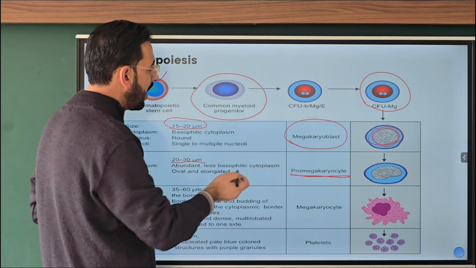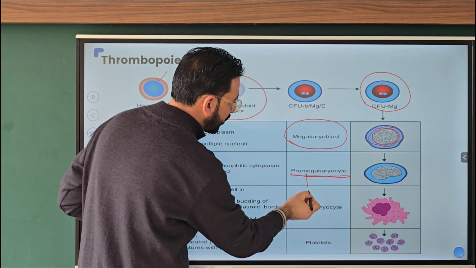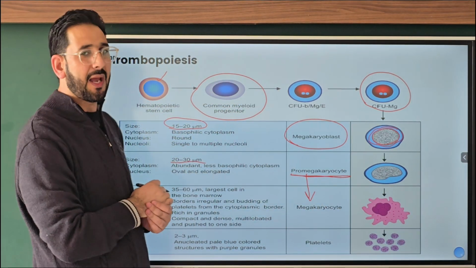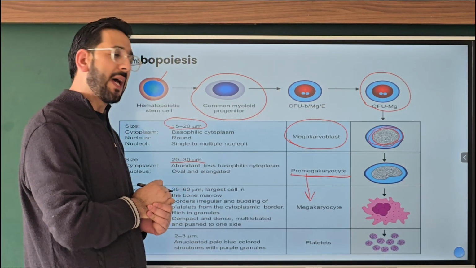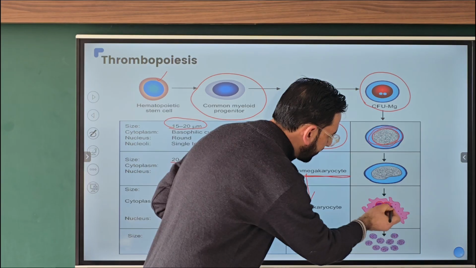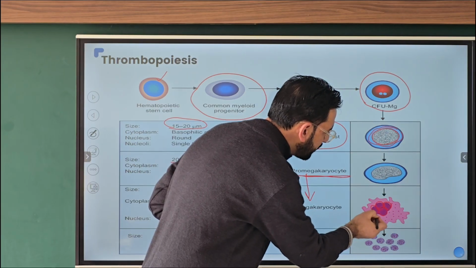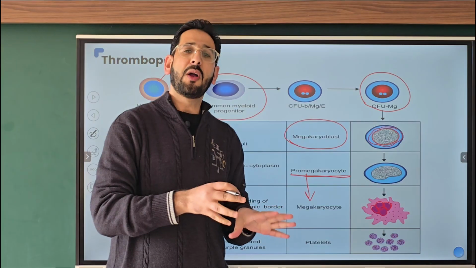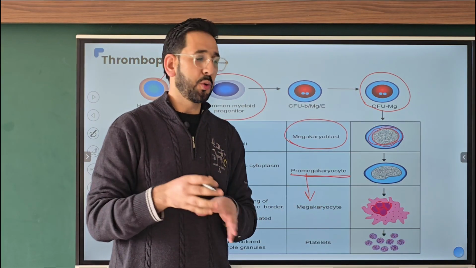So we can see, while going from promegakaryocyte to another type of cell, it will be differentiated into megakaryocyte. Now, in the megakaryocyte we can see that there are many lobes of the nucleus, and it is because we have gone through the process of endomitosis.